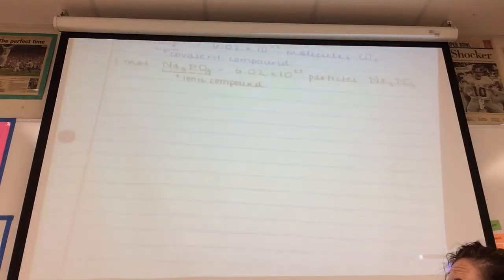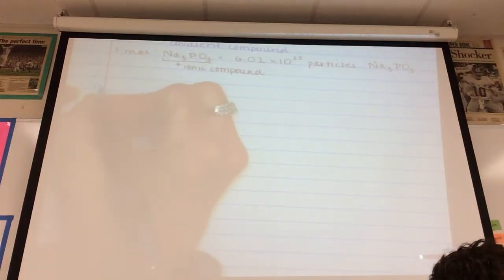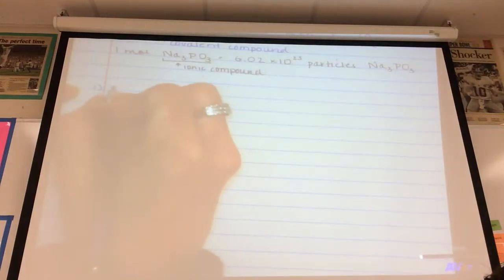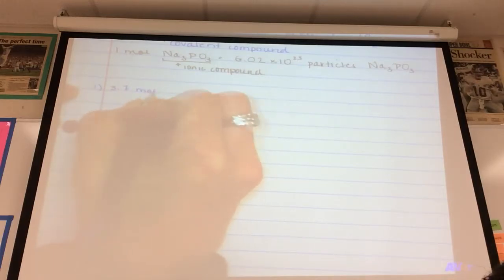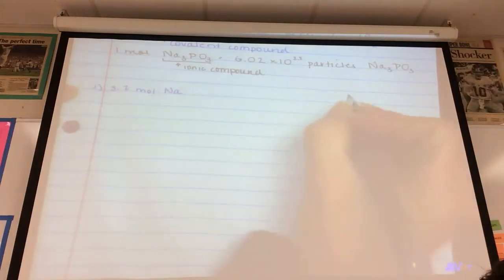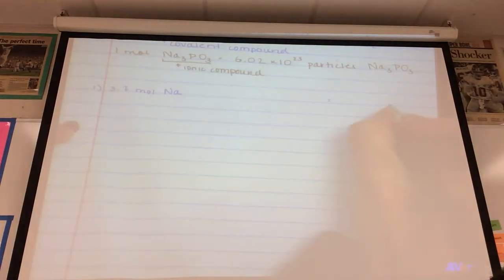In the first example, I'm given 3.7 moles of sodium, and what I want to figure out is atoms of sodium.